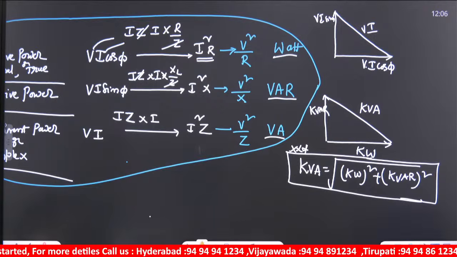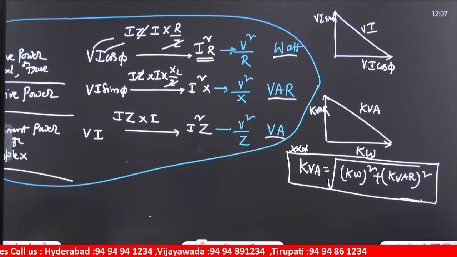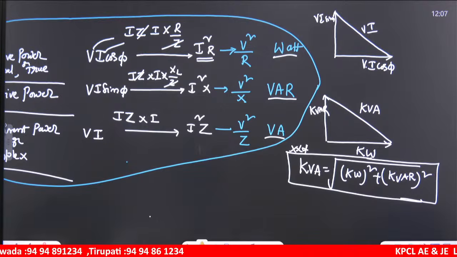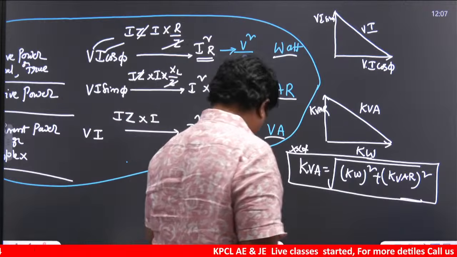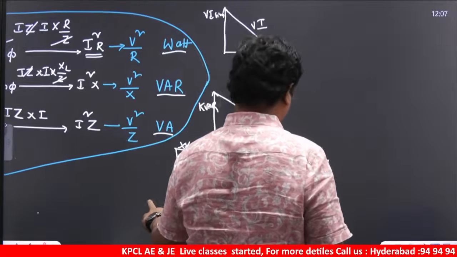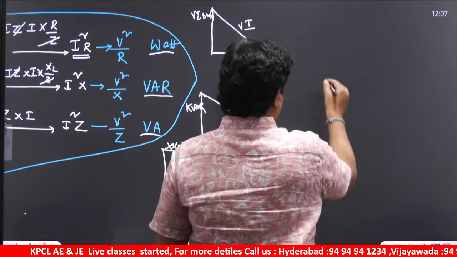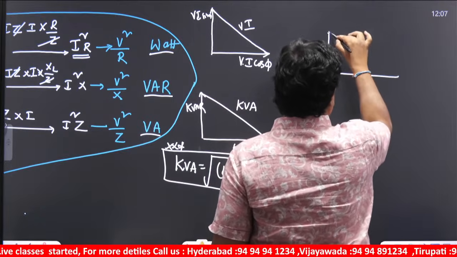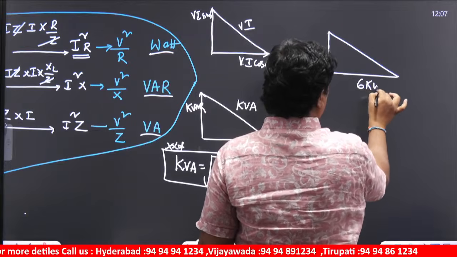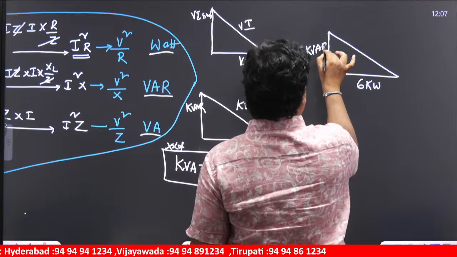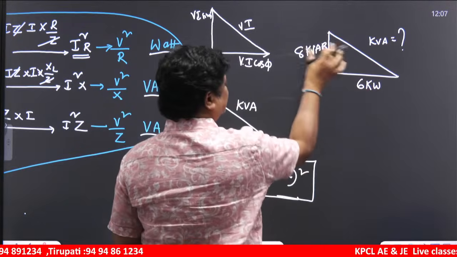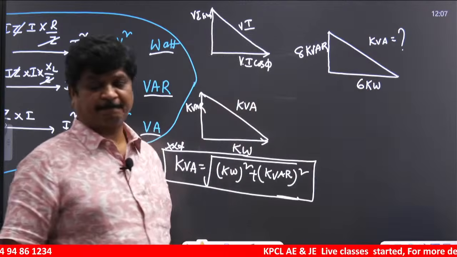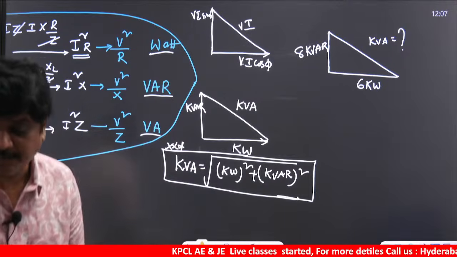Now what is the question? The model question is, suppose we have 6 kilowatts here and 8 kVAR here. What is the kVA of this? Very simple question.